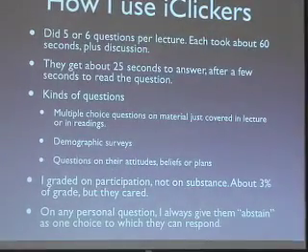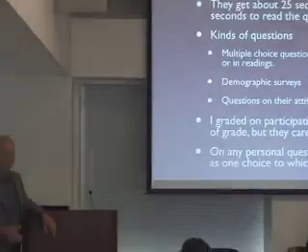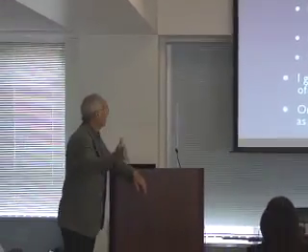And then I'll read the question out, and with the iClicker you've got five responses: A, B, C, D, E. Yes, no, you pick one of those five. I read the question out, and then I'll give them about 25 seconds to answer, and I can see as they're answering, it's received wirelessly, and a count of how many responded shows up on my screen and on the projected data screen.